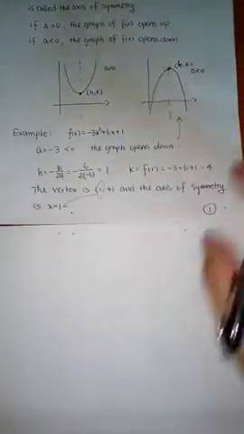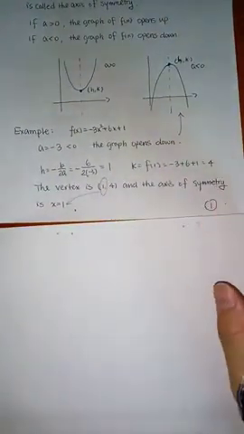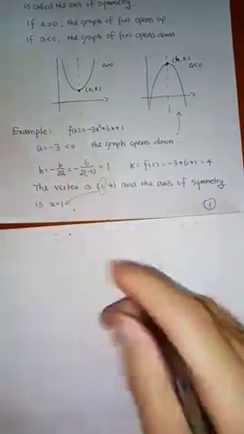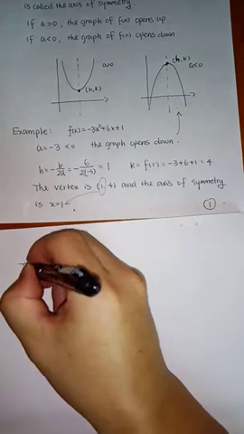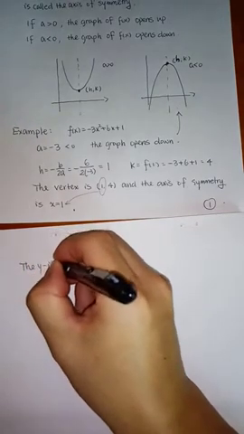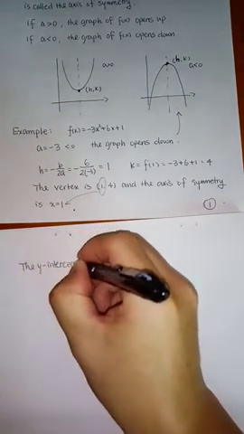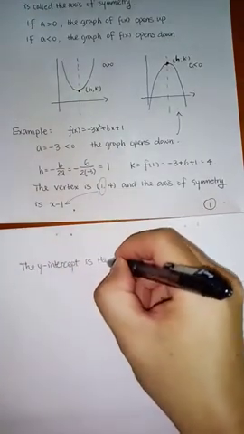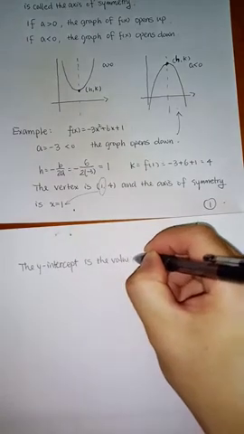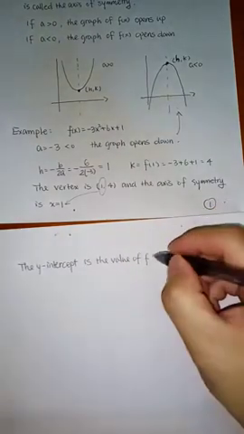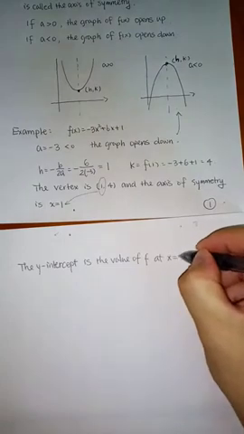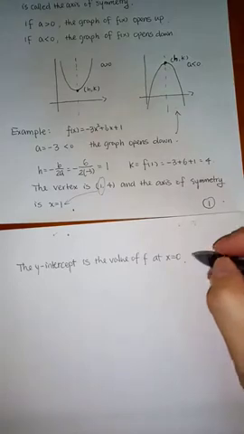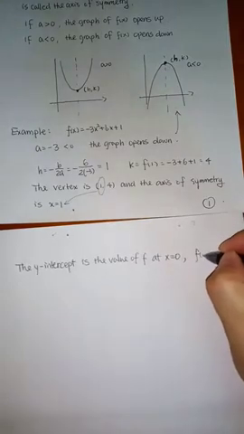Okay, now let's try to study its intercepts. We always know that the y-intercept is the value of f at x equal to 0. So for the y-intercept, let x be 0, you only find the y, f of 0.